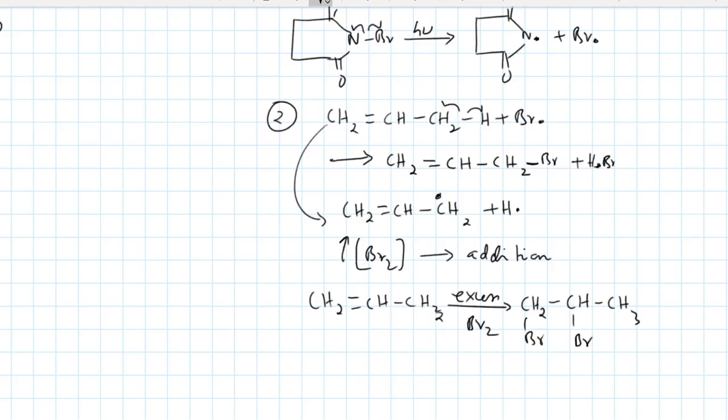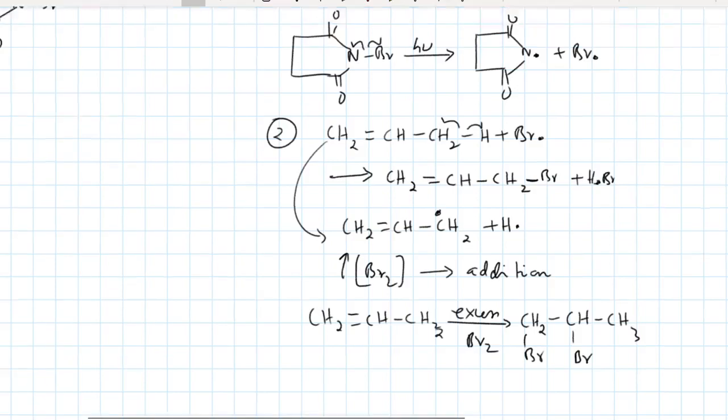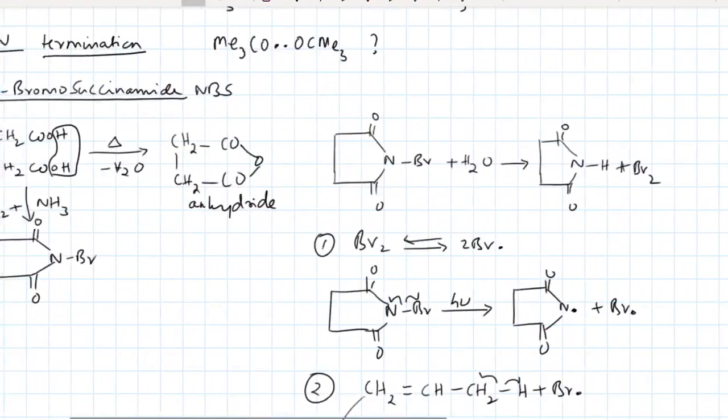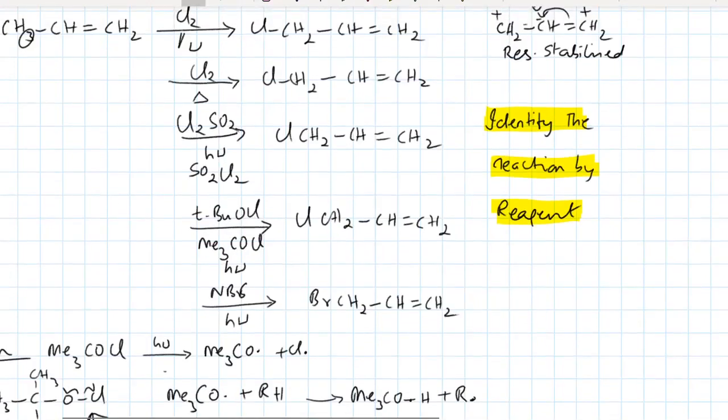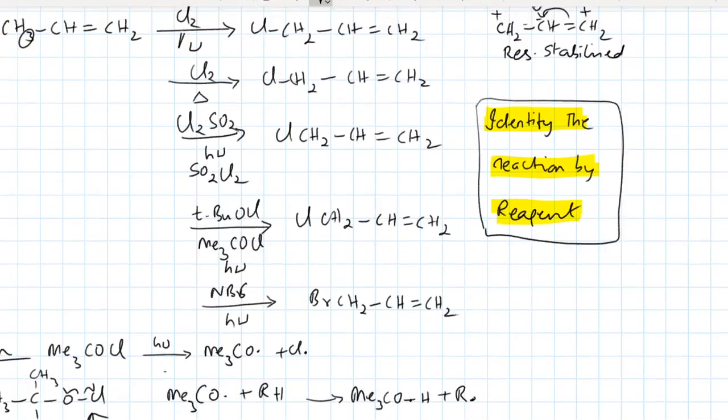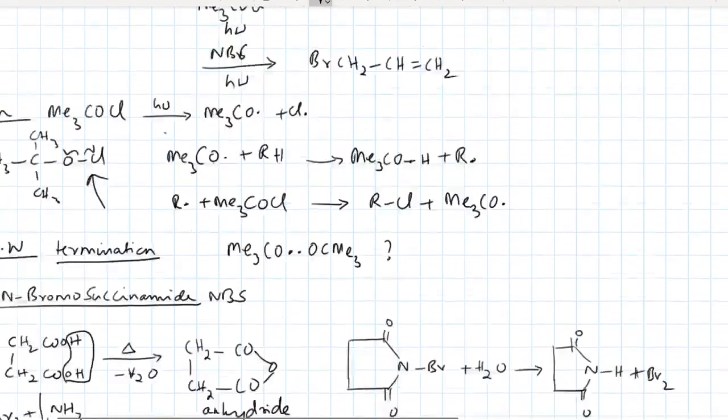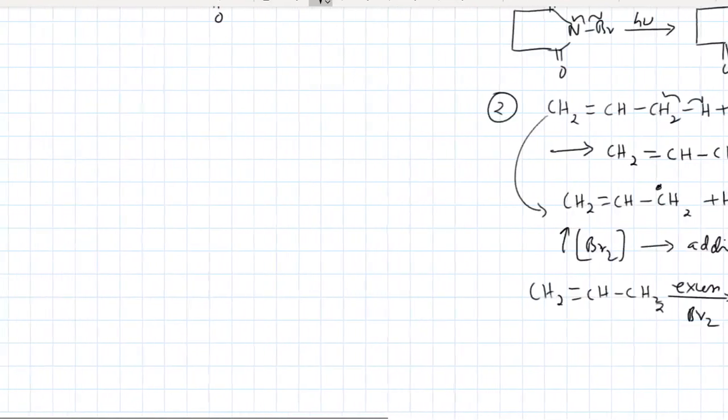So you get a 1,2 vicinal dihalide that is formed here, and it depends on the reaction condition. So that's why I told you, you have to identify the reaction by looking at the reagent. It's very important. So this concept is very, very important. What you are adding and how you are adding will decide the fate of the reaction.